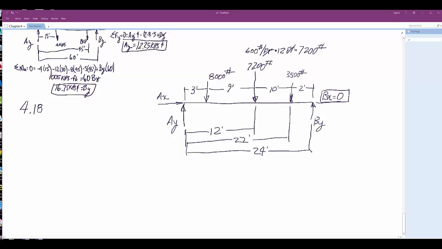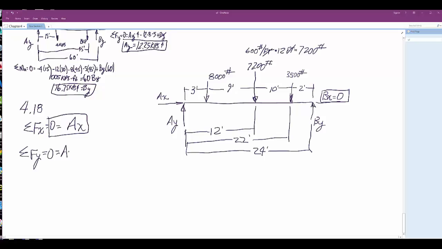So first thing we do is the sum of the forces in the X, set them equal to 0 so it's in equilibrium, and we have AX. So we know AX is 0 and BX is 0.